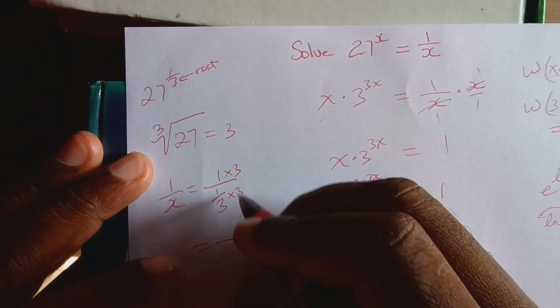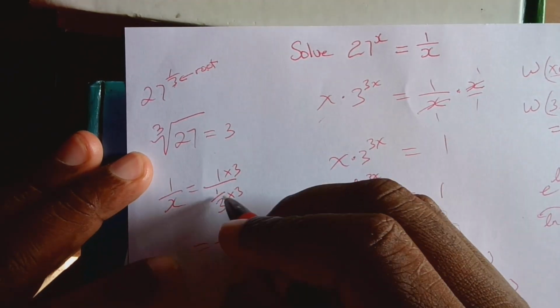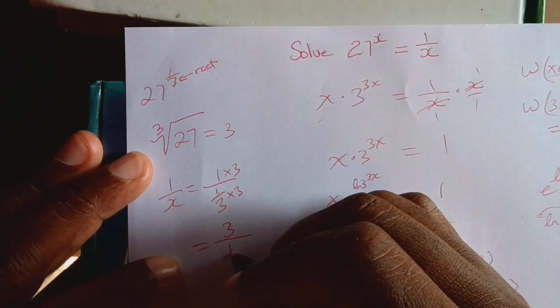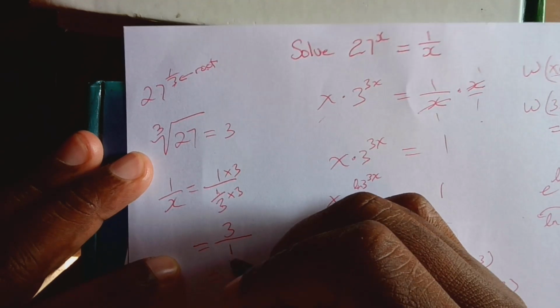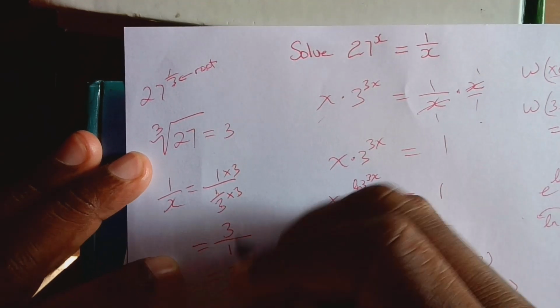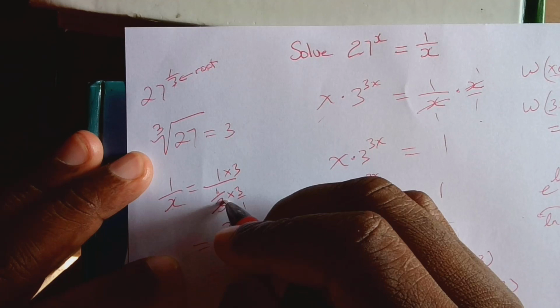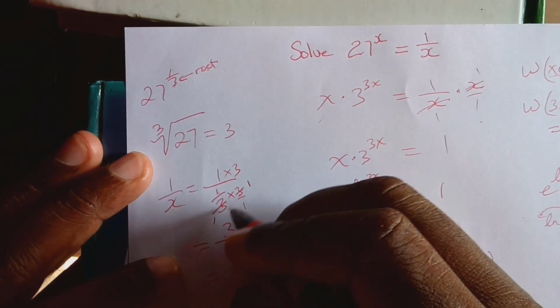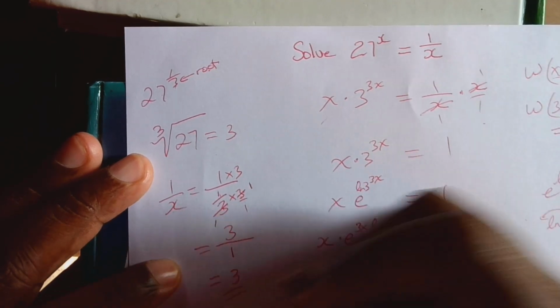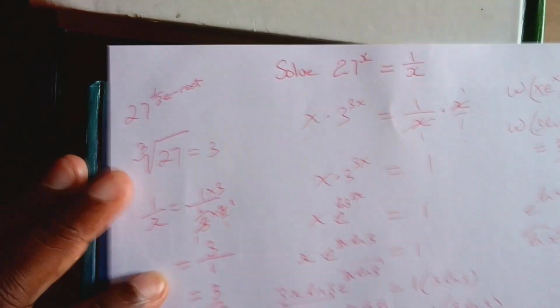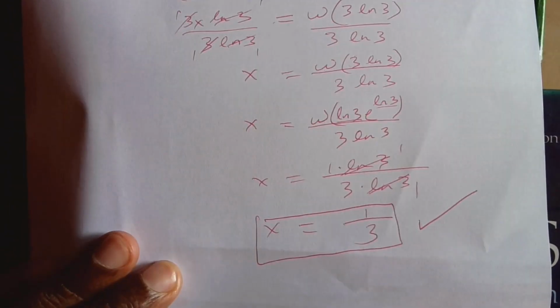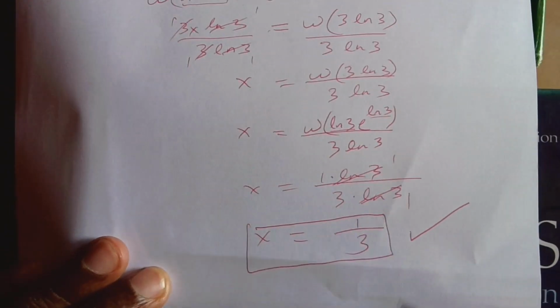And so in the numerator we have 3 ones, which is 3, and 1/3 of 3 is 1. 3 divided by 1 is 3. Alright, if you want to see further, we can say 3 and 3 goes 1, 3 and 3 goes 1. So we have 1 in the denominator. Do you notice that both sides balance? So definitely, we know our solution is correct.